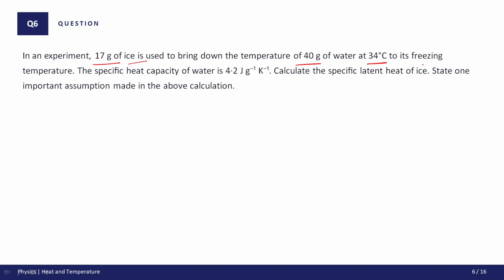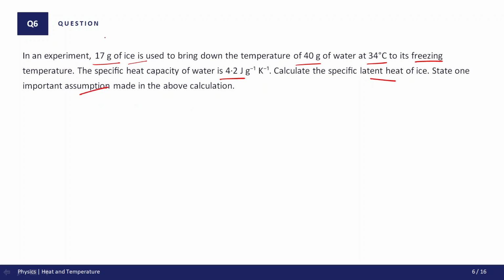The final temperature at freezing point, at 0 degrees Celsius. The specific heat capacity of water is 4.2 joule by gram Kelvin. What we need to find out? We have to find the latent heat and one assumption.